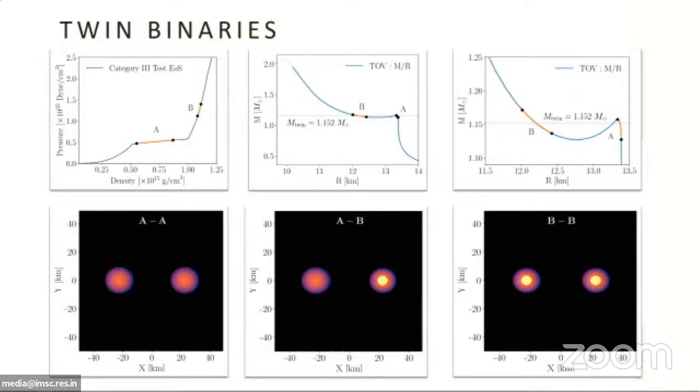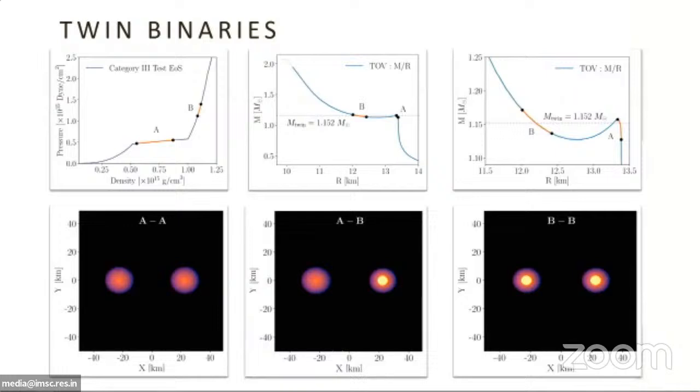However, if I want to probe the twins, remember, this is the twin, right? These are the twin stars. In the equation of state, what I am probing is one star whose central density lies here and one star whose central density lies here. So if I merge two stars which are here, this will be their initial conditions.